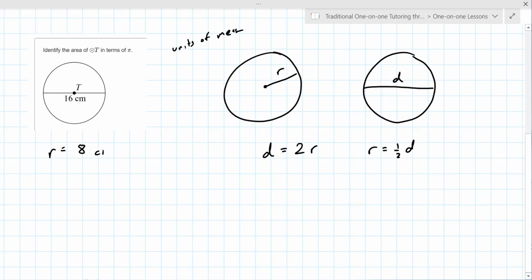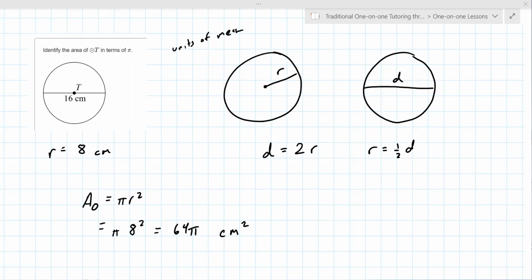Centimeters. Perfect. So the area of a circle is pi r squared. The radius is 8 squared, so that's 64 pi centimeters squared. Perfect. Once you do one, you're like, oh, I get it.